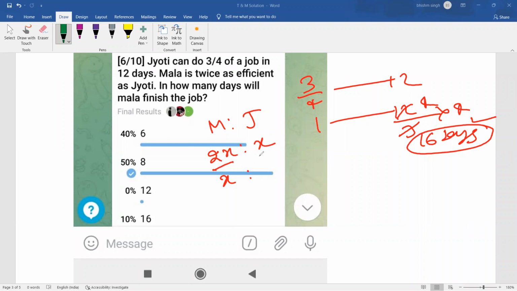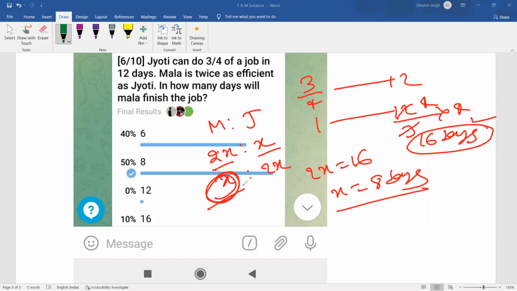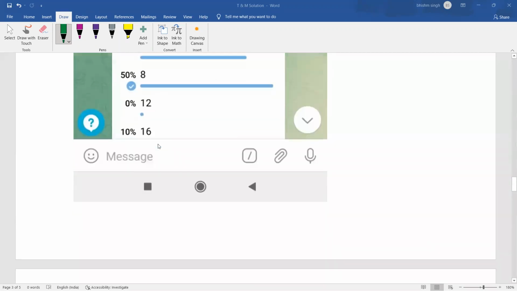They will do the work in X and 2X days. So in how many days will Mala finish the job? Jyoti is finishing the job in 16 days. So 2X is equal to 16 here, X is equal to 8 days. So X is Mala's days. Mala will complete the work in 8 days. That's it, they completed here. Now come everyone, next question. Question number 7 here.